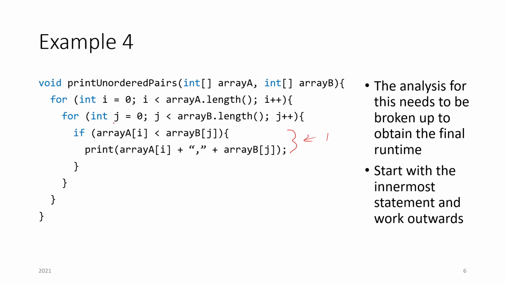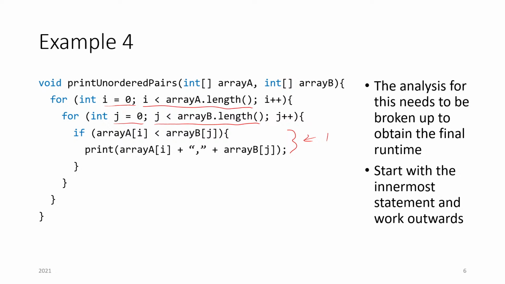We see here that j starts at 0 and goes up to array B's length, and we say, okay, that's fine. Then if we jump one more to the outermost loop, i starts at 0 and goes up to array A's length, which is fine as well. But we were not given any explicit relationship between array A and array B: if their lengths are the same, if their lengths are different, or if there's some mathematical relationship between the two.